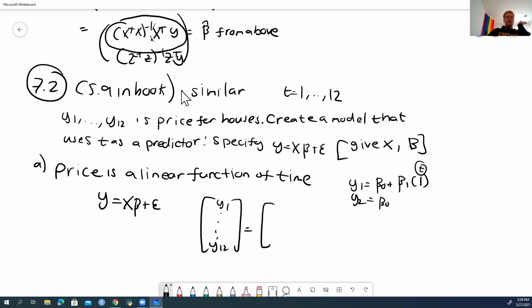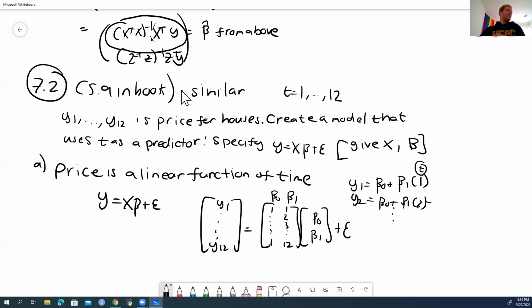Y2 is equal to beta naught plus beta 1 times 2, and so on, where this, again, is t. So you get y1 through y12 is equal to, we look at the beta naught variable, it's all ones. But the beta 1 is just going to be 1, 2, 3 to 12. And then times beta naught, beta 1, plus epsilon.